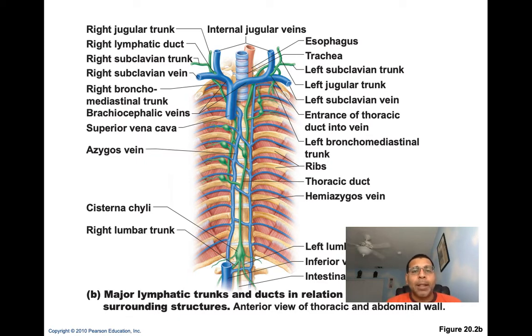When we talk about the right lymphatic duct, I'd like you to know it is responsible for draining lymph from the right upper limb, and the right side of the head and the thorax.